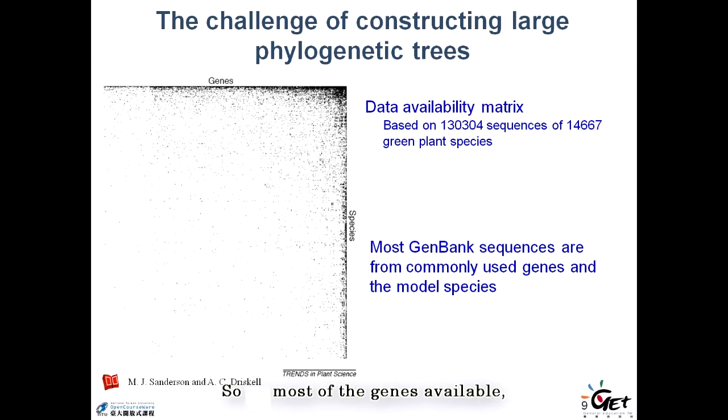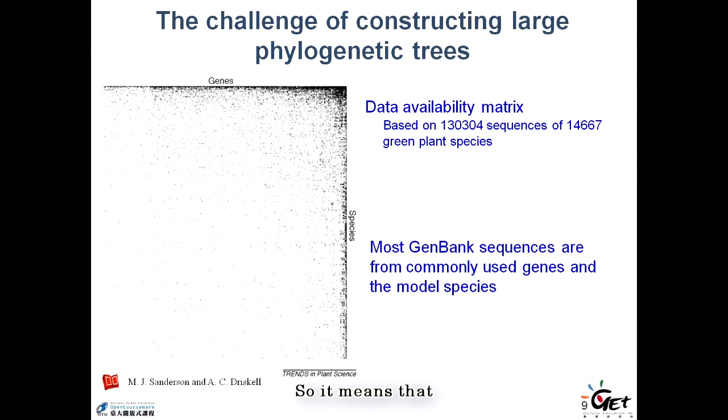So most of the genes are available only for those modern model systems like Arabidopsis, rice, maize, soybeans, and so on. And some of the genes are very popular for large-scale phylogenetic analysis. So you will see they are concentrated on the upper part and on the right.